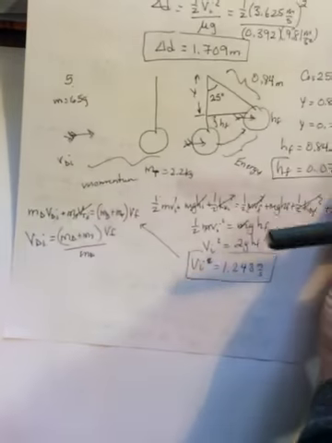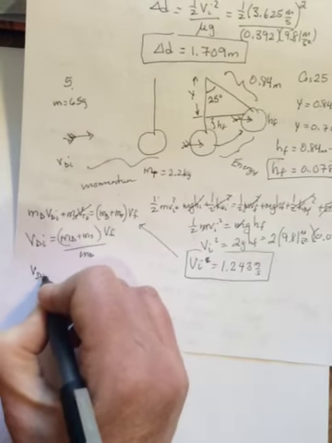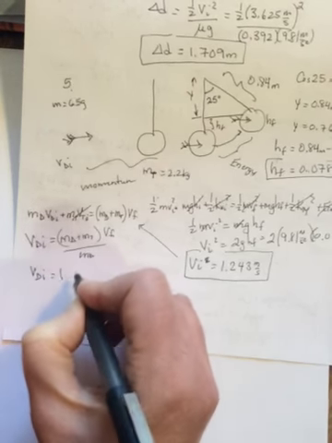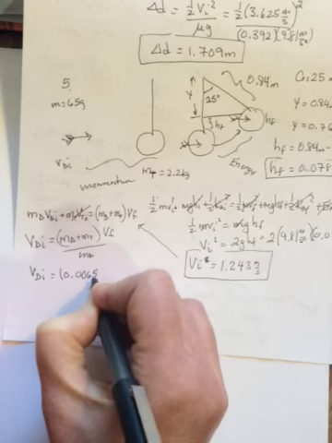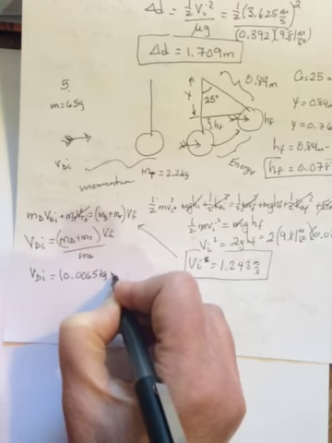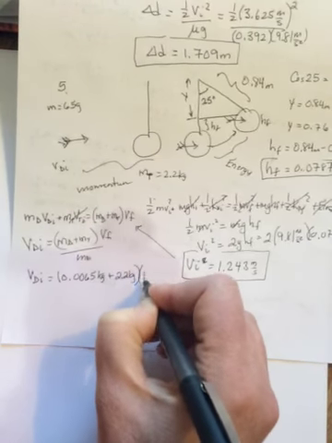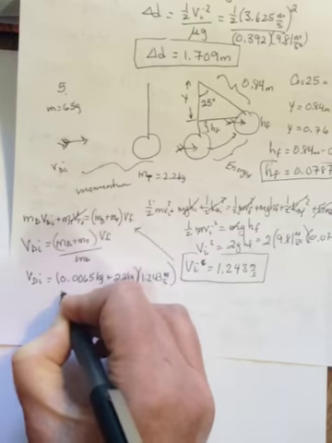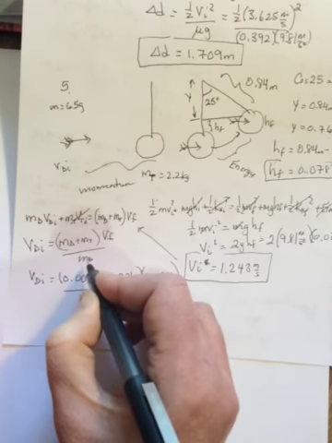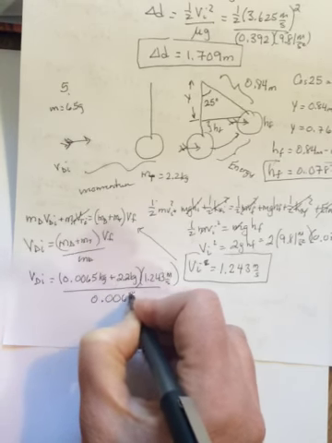You're going to have to change the m of the dart to kilograms because it's in grams and the block is in kilograms. So 6.5 grams will be 0.0065 kilograms, plus 2.2 kilograms, times our 1.243 meters per second, divided by just the mass of the dart, 0.0065 kilograms.